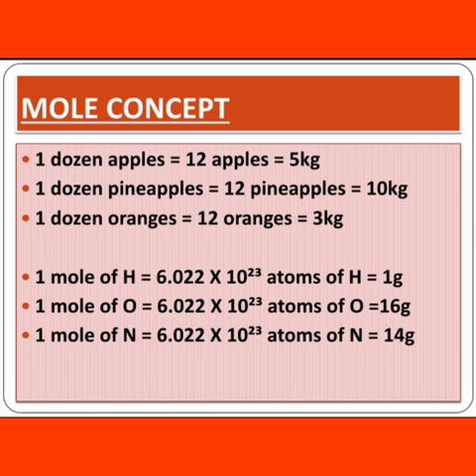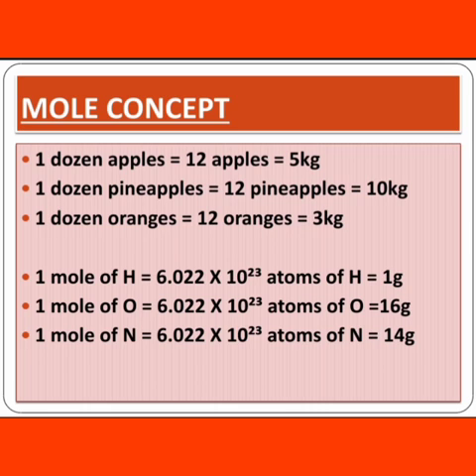We already know the atomic mass unit is 1, right? 1 mole of oxygen is nothing but 6.022 into 10 to the power 23 atoms of oxygen, and its mass is 16 grams.